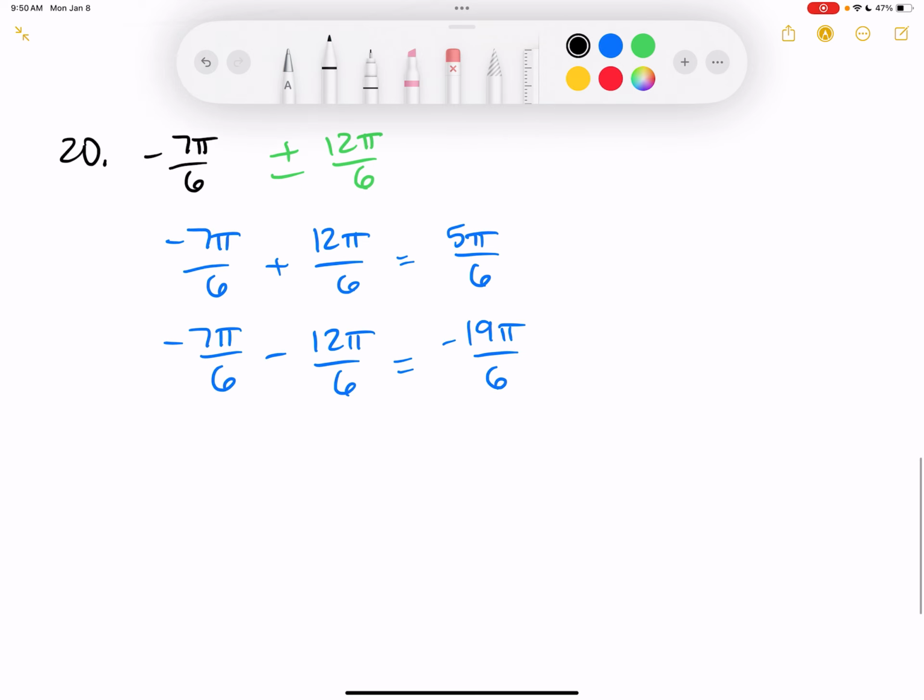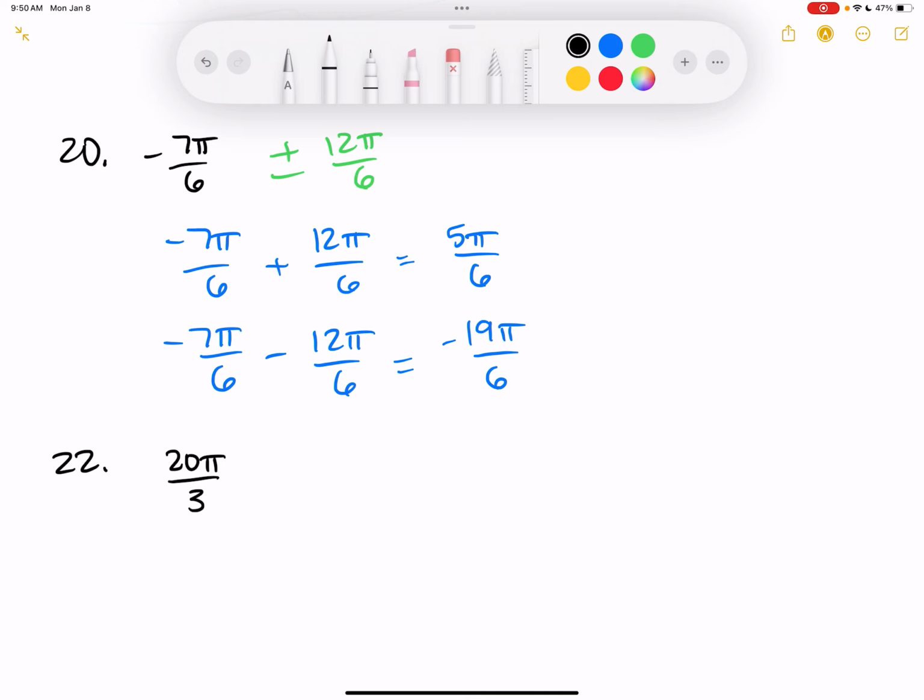Number 22. 20 pi over 3. Now, what do you notice about this one? Like, how many times around would this one be? What would my factor be that I'm adding or subtracting in this case?